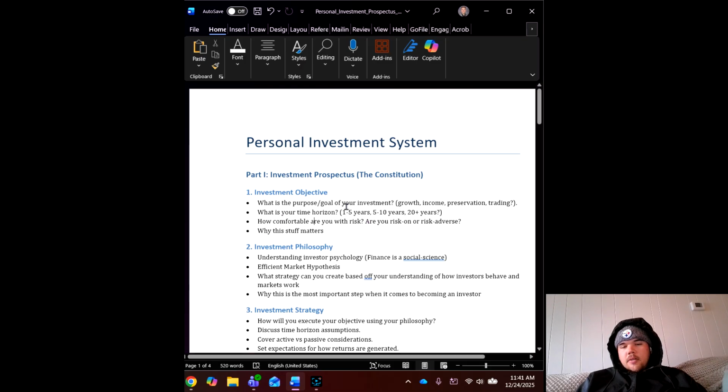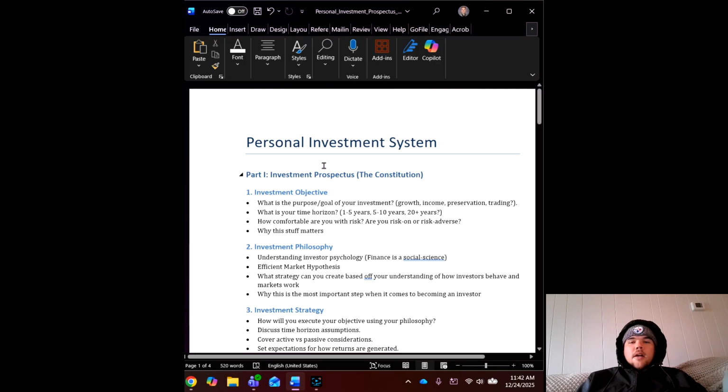Basically, what an investment prospectus is, it's your core beliefs and also your strategies and any ideas that you have when it comes to investing. It's like your foundation, the building blocks of your investments.